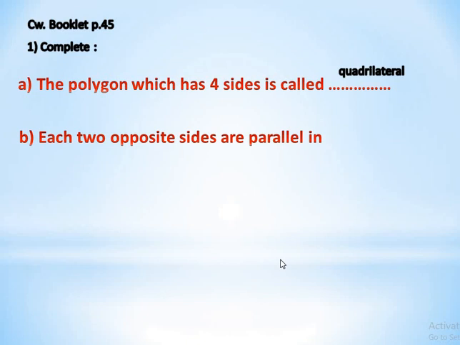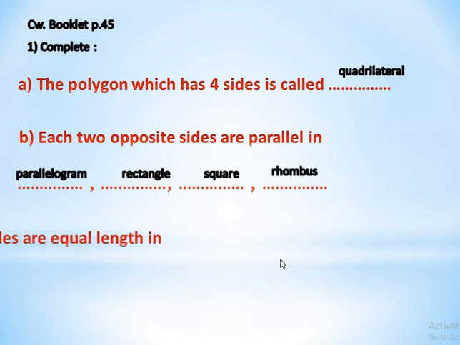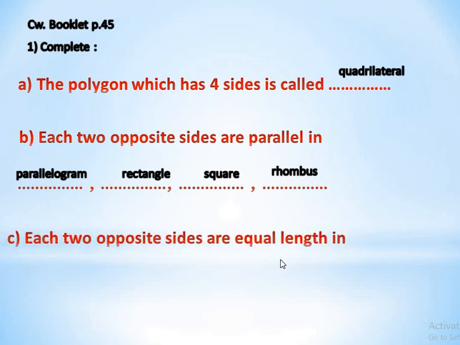Each two opposite sides are parallel in all shapes: parallelogram, rectangle, square, and rhombus. Each two opposite sides are equal in length in all shapes also: parallelogram, rectangle, rhombus, and the square.